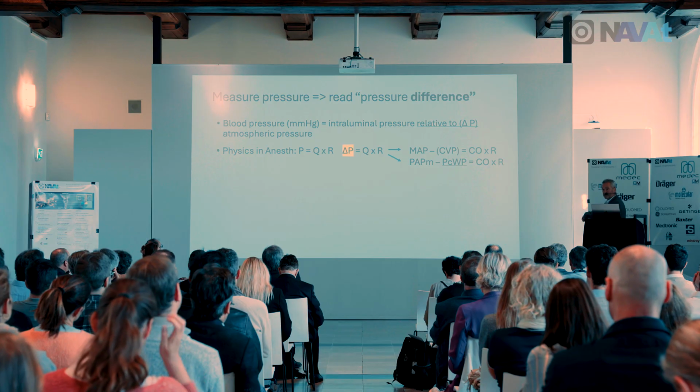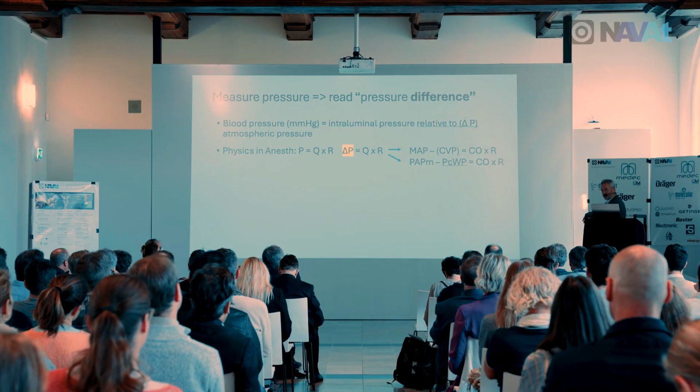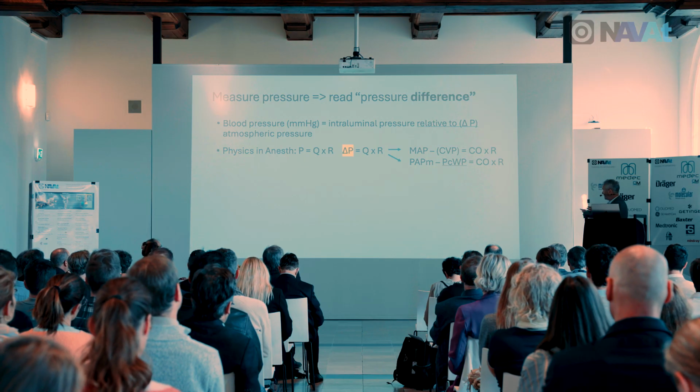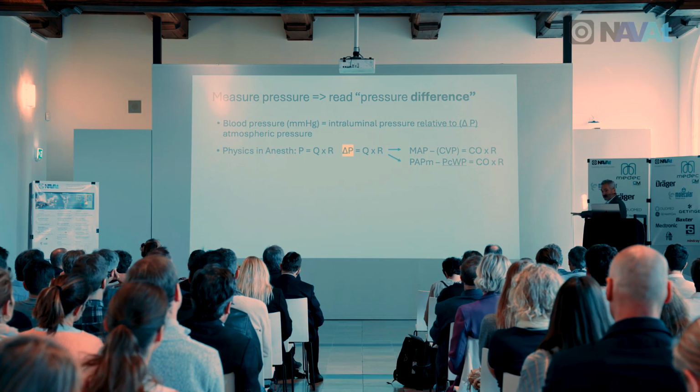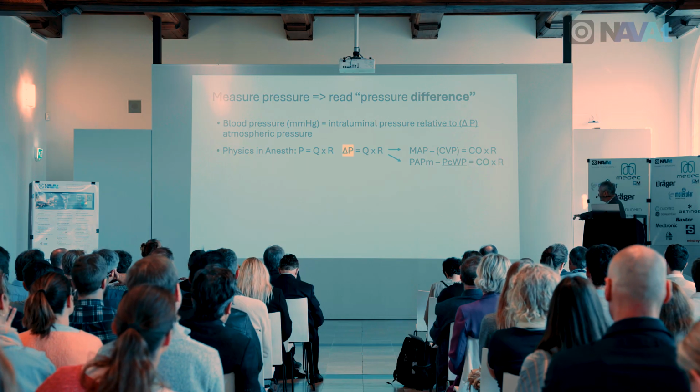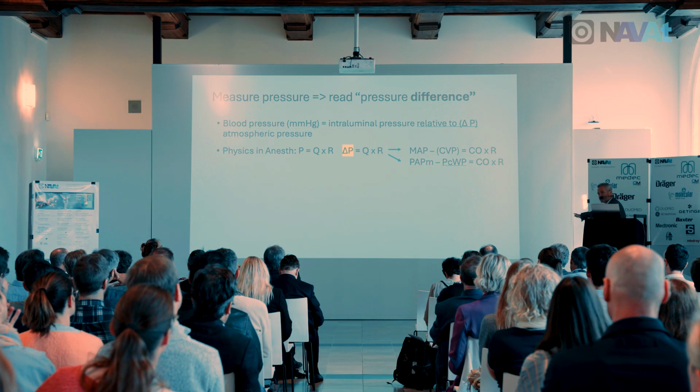That's not the case if you do calculations in the pulmonary circulation, because we have mean pulmonary artery pressure being much lower in absolute values, and we have to subtract wedge pressure.